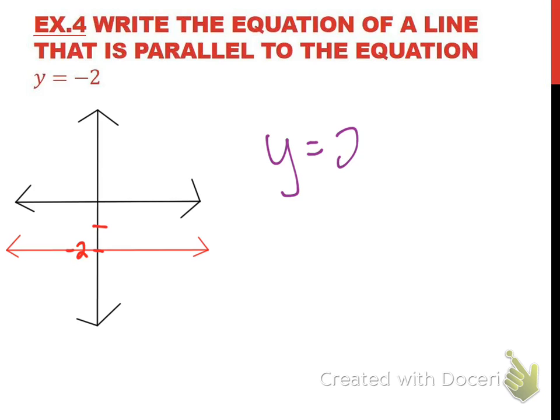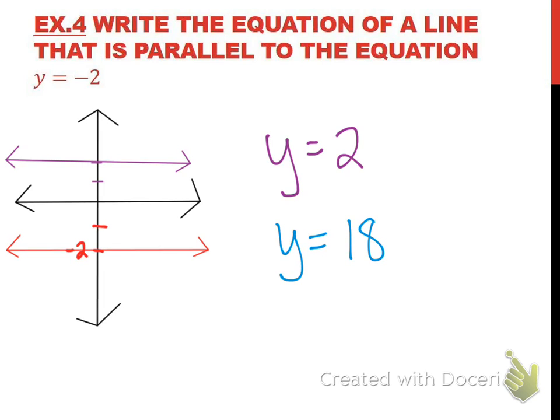Okay, you could use a positive 2. That would be a line that's just up from the origin. All right. That would be one option. You could use y equals 18.